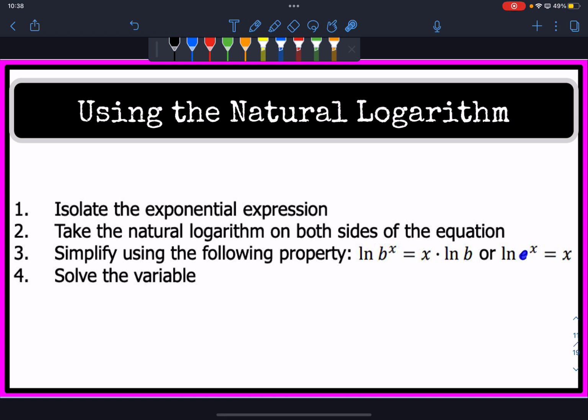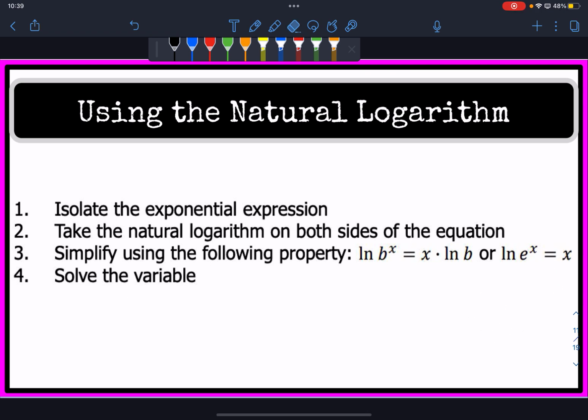And if the base is e, well, by doing this and writing x times the natural log of e, you'll remember when we're evaluating logs, ln of e is equal to 1. So we end up having x times 1, which gives us this value of x. So that's going to happen every single time if the base is e. This becomes 1, because we're pulling this to the front. x times 1 is simply going to be x.